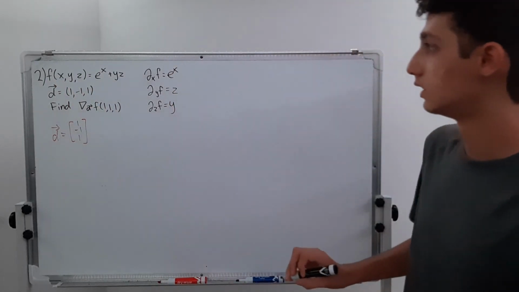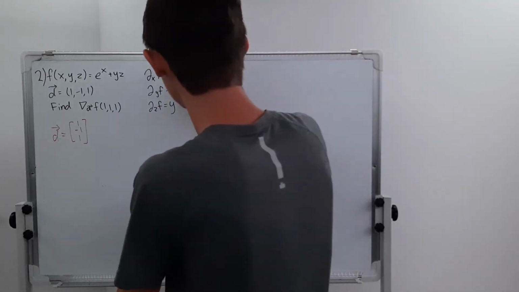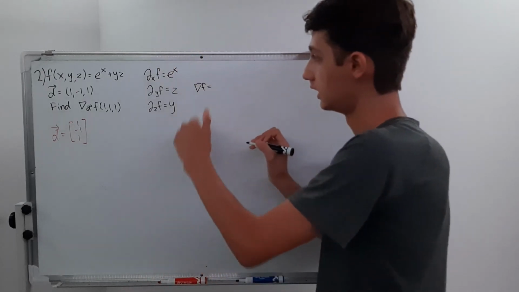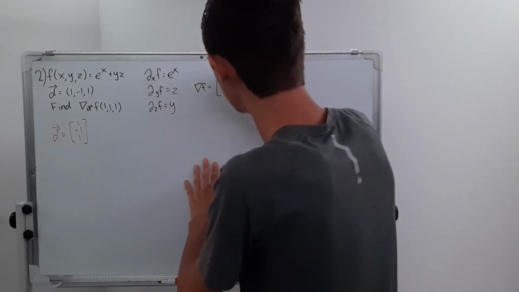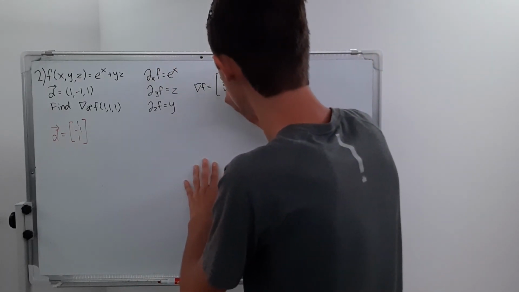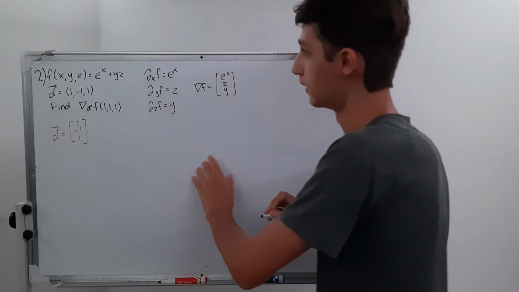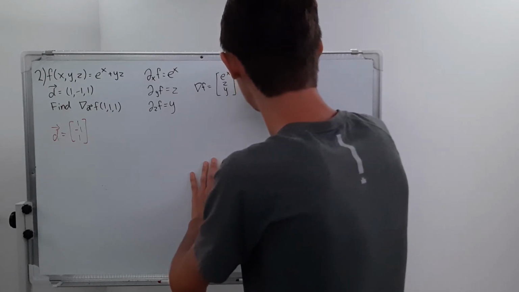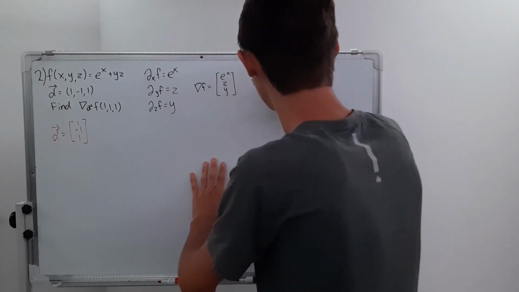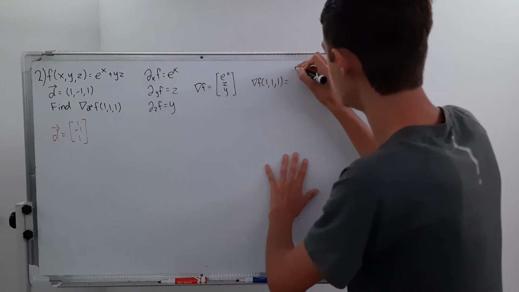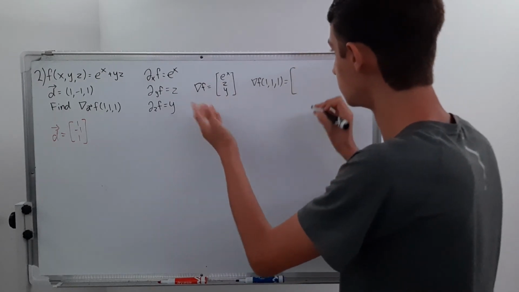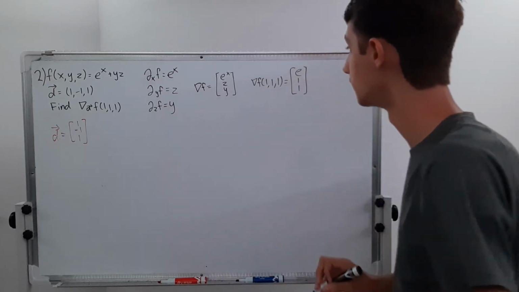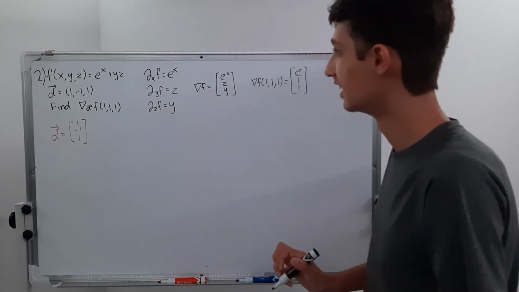So this is very easy, because our gradient of our function is equal to (e to the x, z, y). And so now I want to evaluate this at (1, 1, 1). So that's just going to be e to the 1 is e, and then we'll just have 1, 1. Alright, and this is our vector.